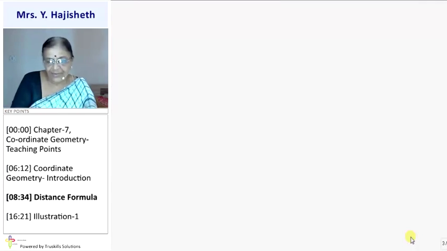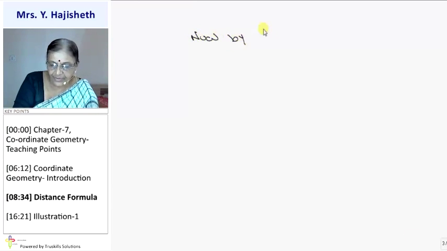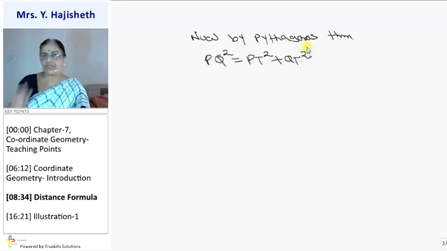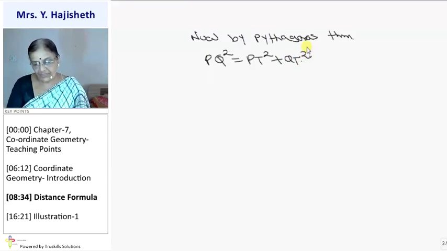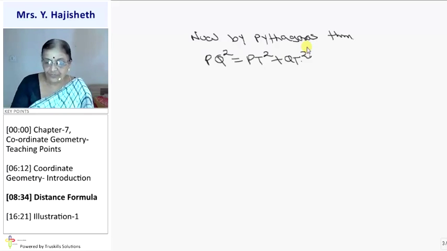Now, I can apply the Pythagoras theorem in triangle PQT, okay? By Pythagoras theorem, what can I write? PQ square, hypotenuse square, is PT square plus QT square. Right angle triangle PQT. Clear? In PQT, right angle at T, I can apply the Pythagoras theorem.